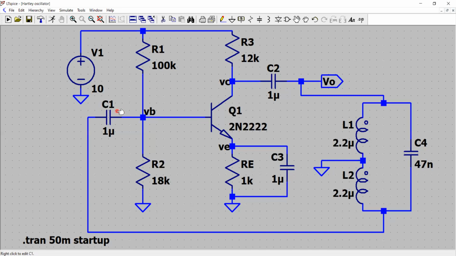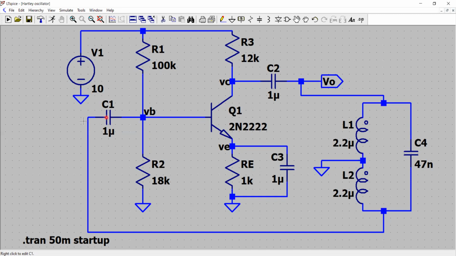The value of C1 and C2, which are the coupling capacitors, is chosen as 1 microfarad each. The values are chosen in such a way that at the frequency of operation these capacitors provide low reactances or low impedances.